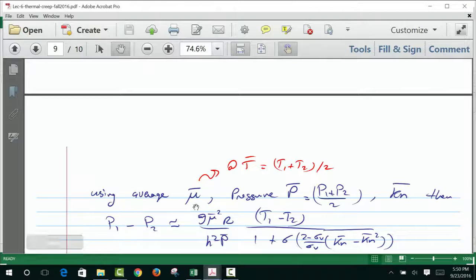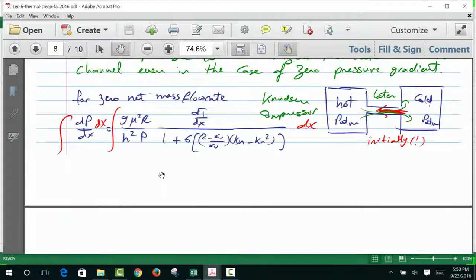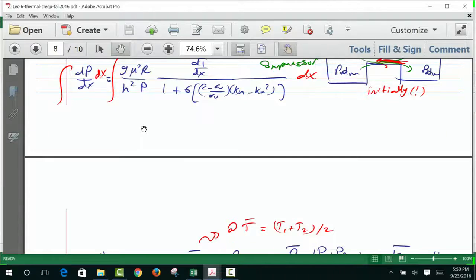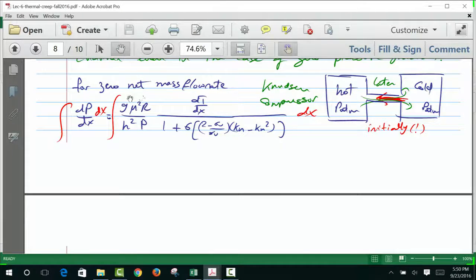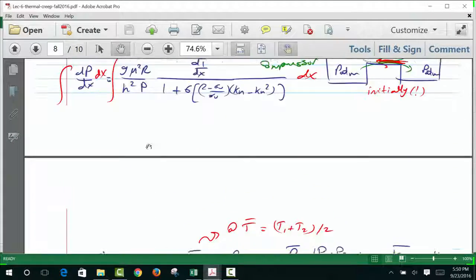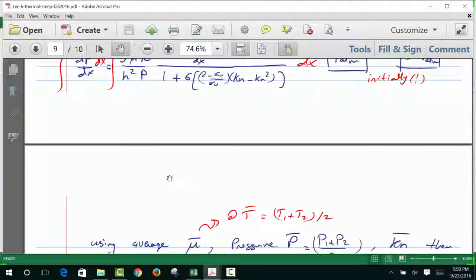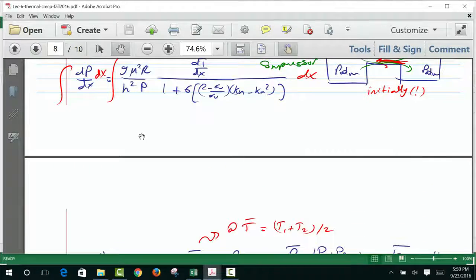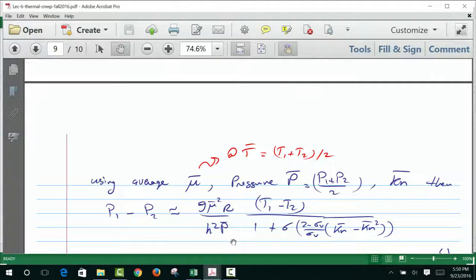He's saying, let's assume average mu at the average temperature between the two tanks, right? And let's even, in this term over here, take the average pressure. So why is he doing all this? So that he can say this is constant, right? 9 mu bar R, the gas constant, over H P average.